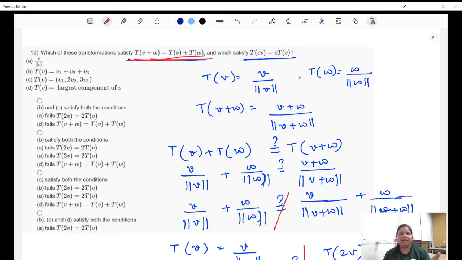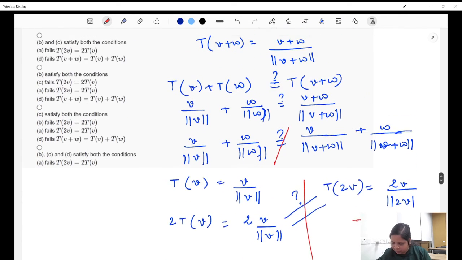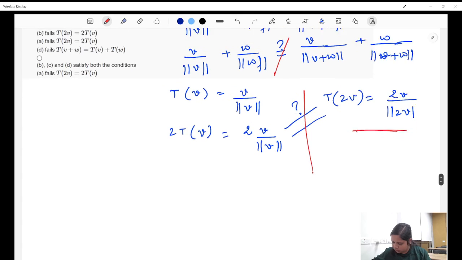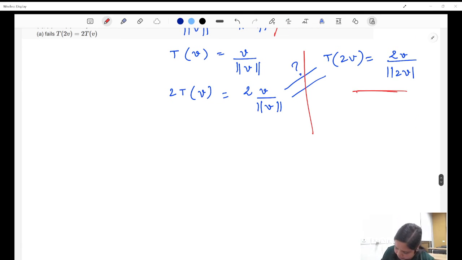Whatever you get after the addition would be equal to TV plus TW being written together. Alright, so the corresponding numbers from TV and TW would add up, and hence you will find both of the things to be equal. Similarly, it would be the same for TCV as well. If you face any problem, do let me know. Else I'll directly solve the D one, which can be problematic.